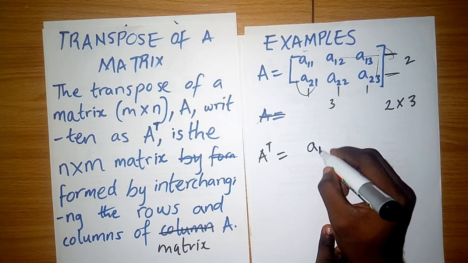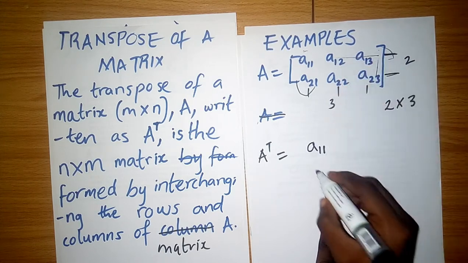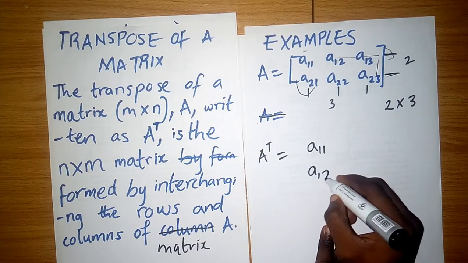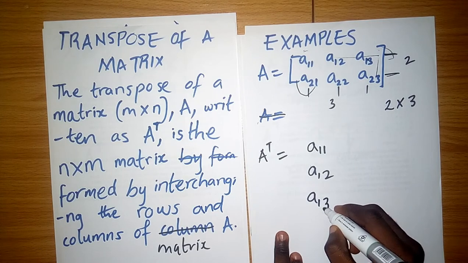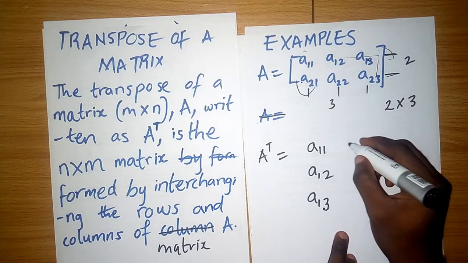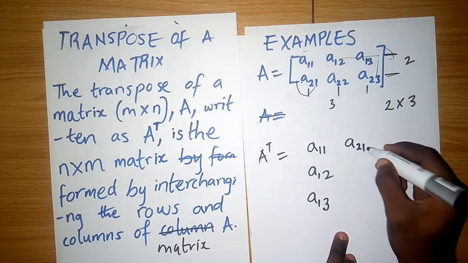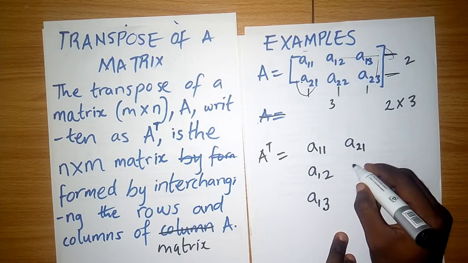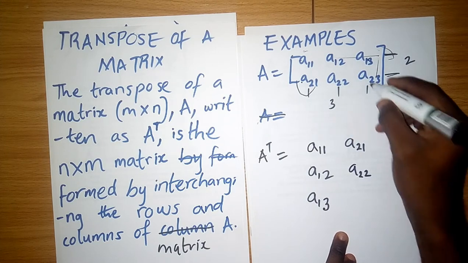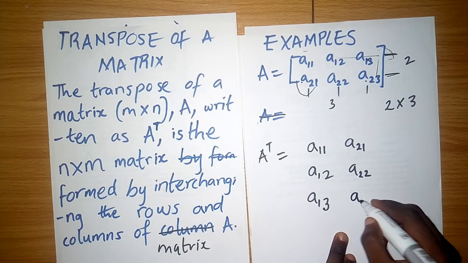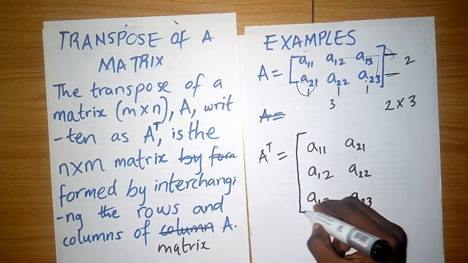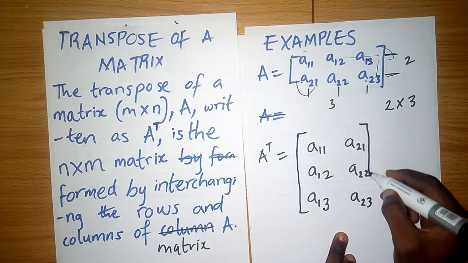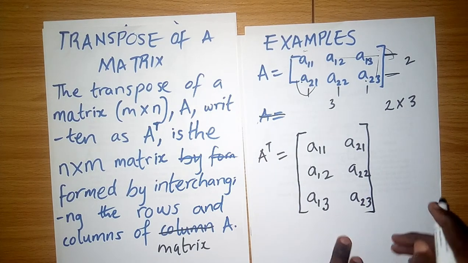This will become A11, then A12, then A13, then A21, A22, and A23. Now this has become our transpose of matrix A.